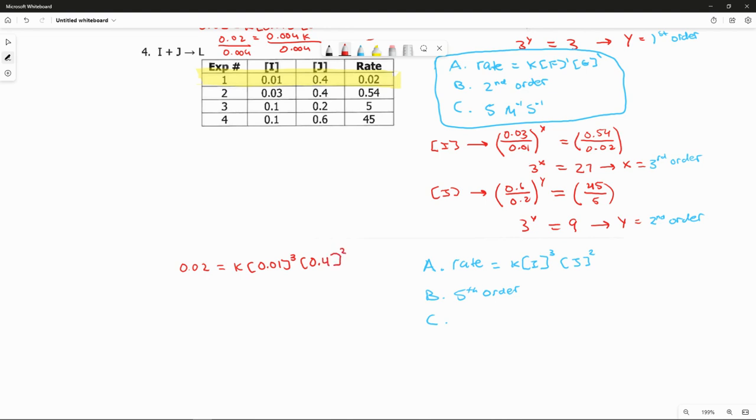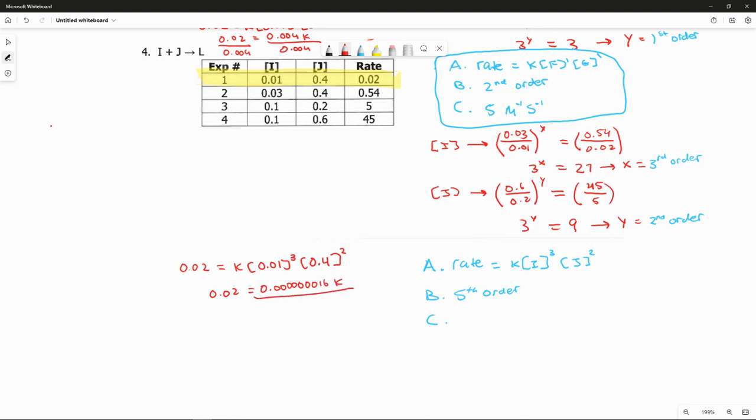When you put your numbers into your calculator and do 0.01 to the third, you get a very small number, and you multiply it by 0.4 squared, and you will get an even smaller number. So we're going to have 0.02 equals 0.000000016 k.